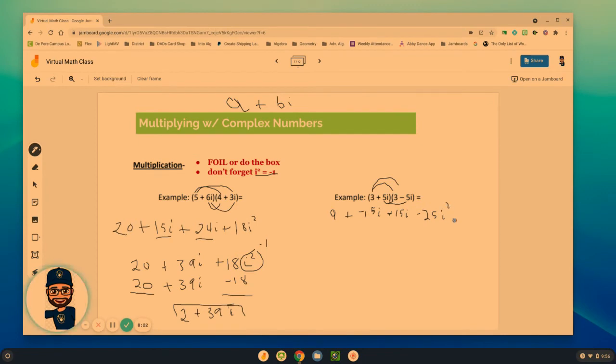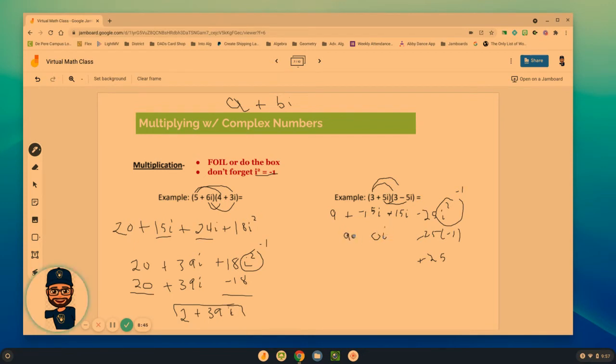All right, I see an i squared again. So that I'm going to replace with negative 1. And negative 25 times negative 1 becomes adding 25 out here on the end. Negative 15i plus 15i, that gives me 0i.